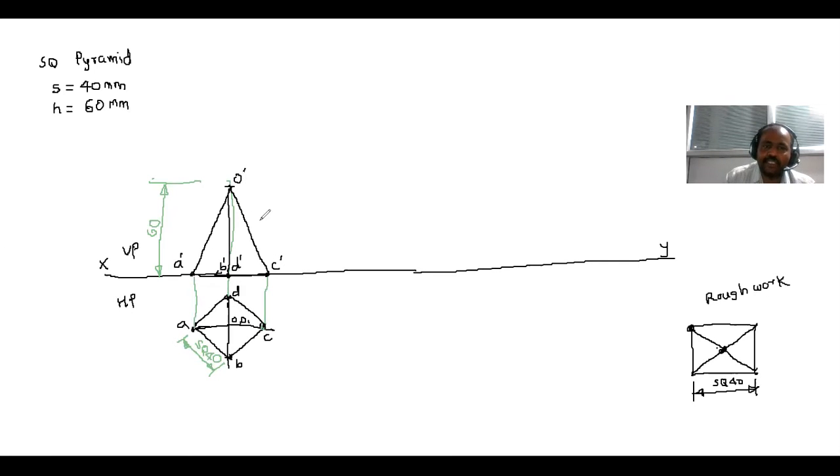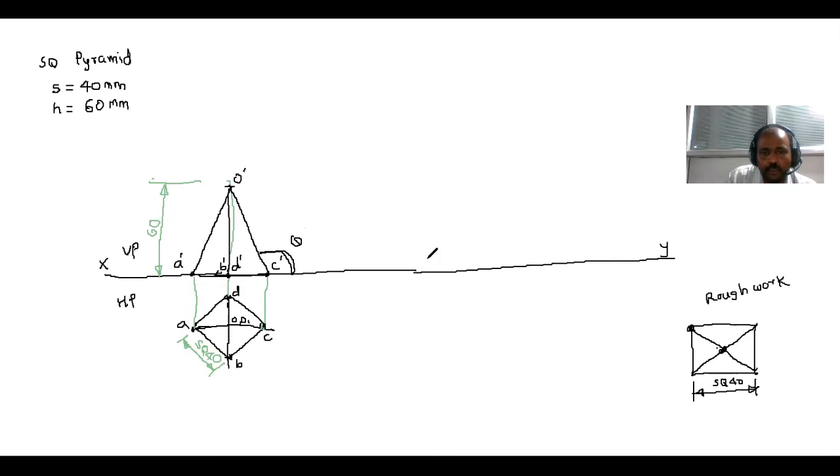That O dash C dash edge makes an angle of 50 degrees with the HP. Currently the angle of that edge is much more than 50 degrees. So we have to make this theta angle equal to 50.